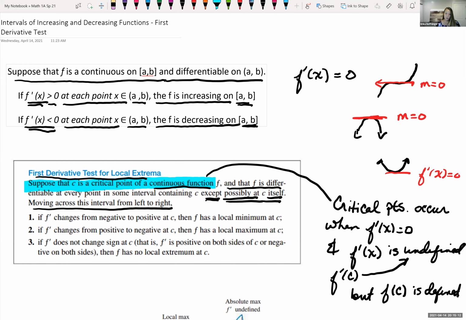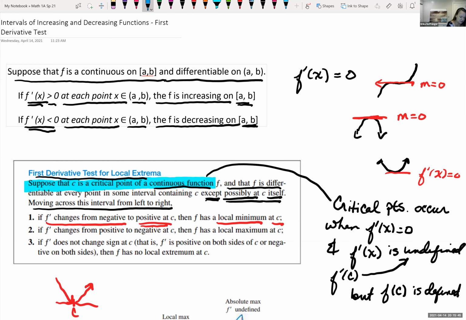Okay, so if our derivative is going from negative to positive, our function is decreasing, and then it's going to be going upwards, left to right, because the derivative is positive. This is my value here at c. If that's the case, notice that you get a local minimum at c.